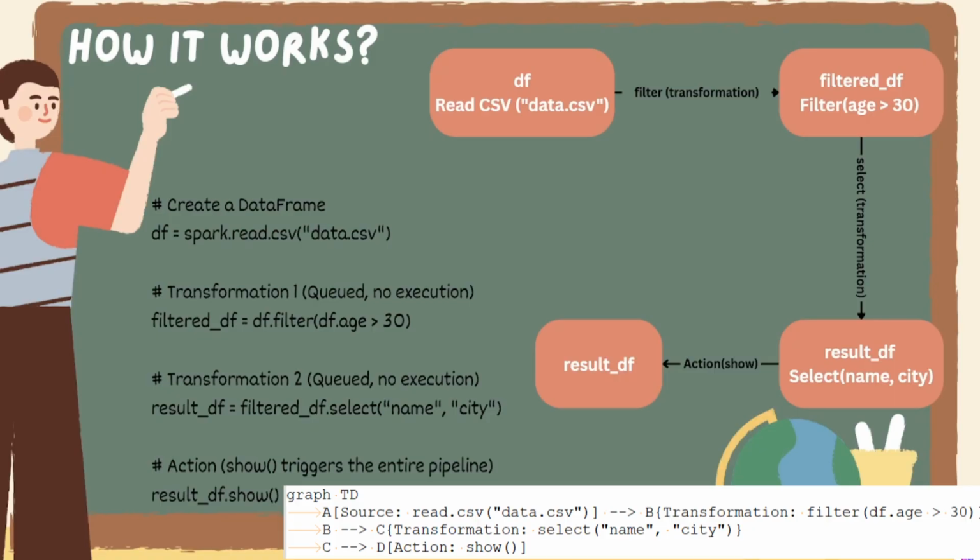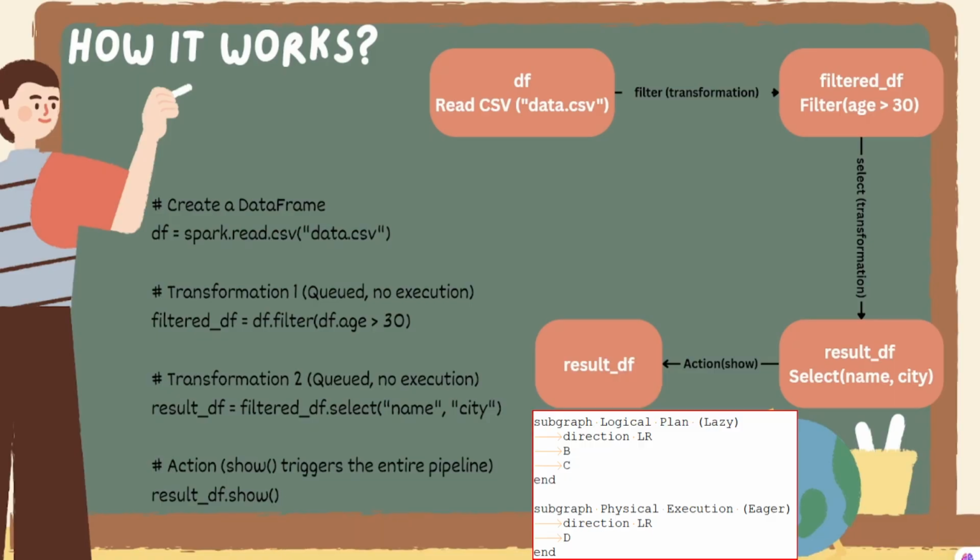In the next line, we are applying another transformation, which is selecting only the columns name and city. Again, no data is processed yet. Spark simply extends the DAG. Finally, we call the action show. This is the trigger point. Now, Spark says, okay, I need the actual result to display.